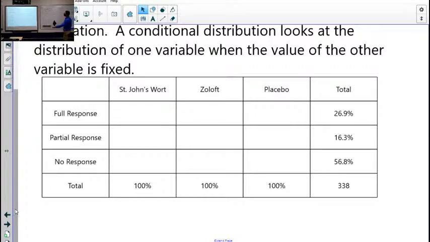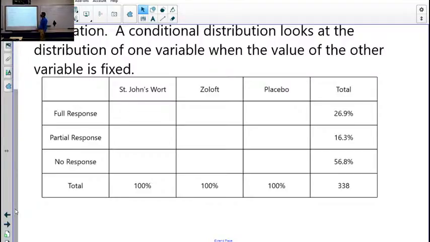Now there are 2 different ways you can do the conditional distribution. What we're interested in here is we're fixing one of the variables. So let's start with the placebo over here.